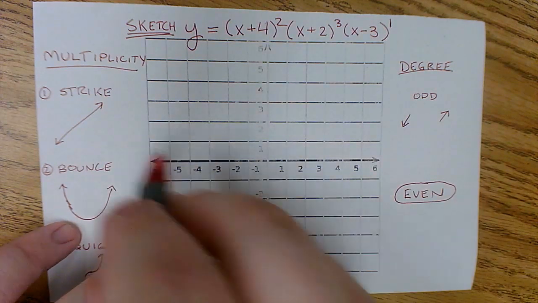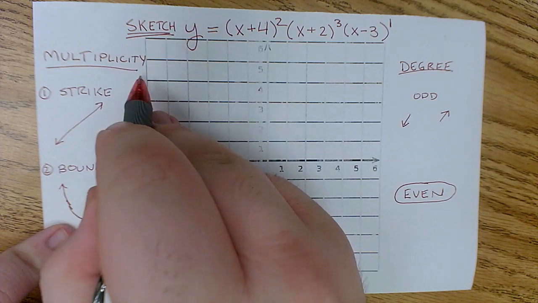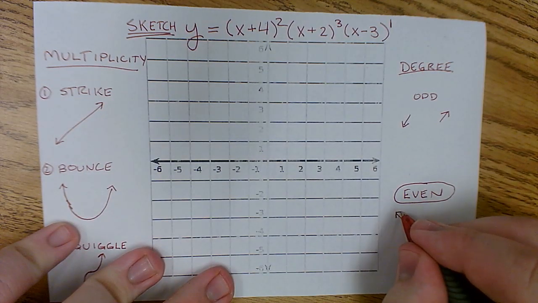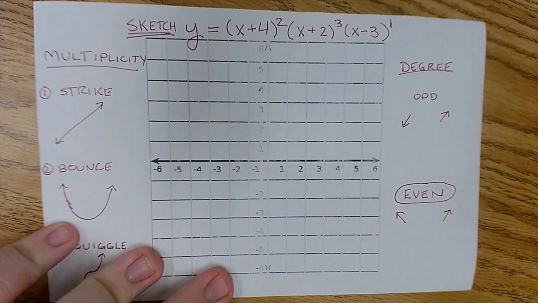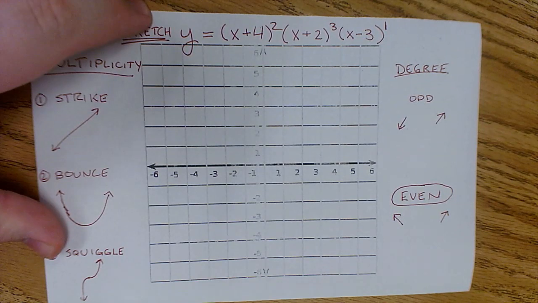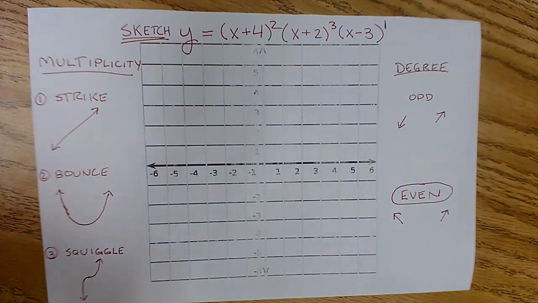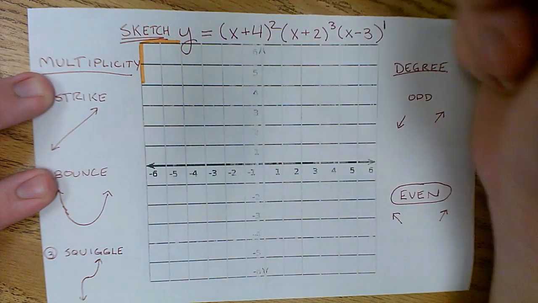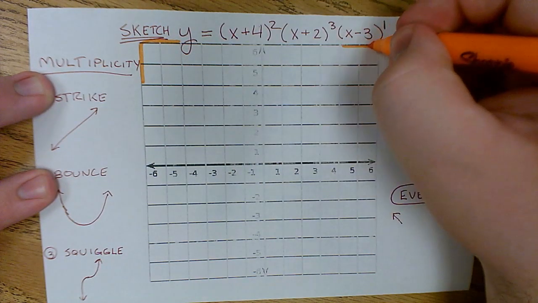Even degree polynomials start from the top left and end at the top right. Okay, now a little trick that actually one of my students last year started using to help himself is he would highlight the corners of the graph that was his starting and finish line. So I'm just going to highlight the corner right here and the corner right there.